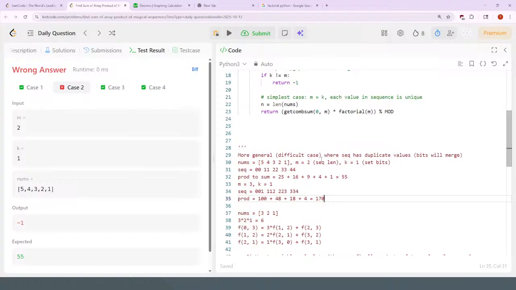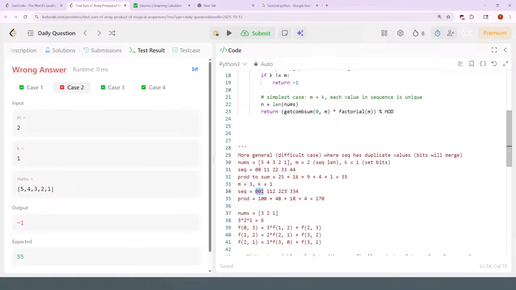And then how many ways to rearrange this? The number of ways to rearrange that would be 3.